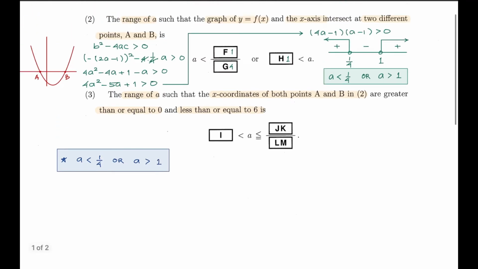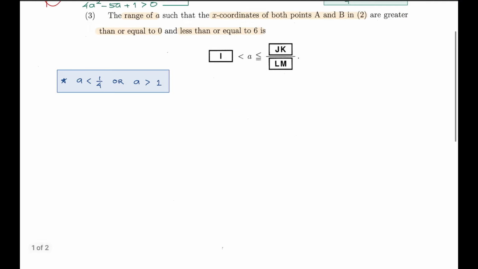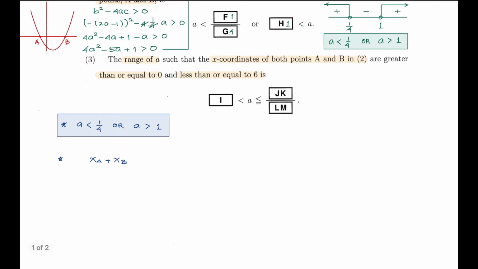And then what is the second condition? If x coordinates of point A and B are greater than or equal to 0 and less than or equal to 6, then xa plus xb must be between 0 until 12. xa can be 0, xb can be 0.